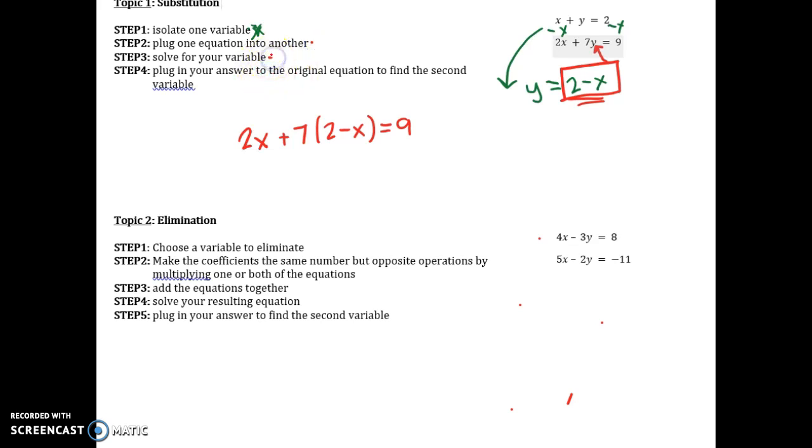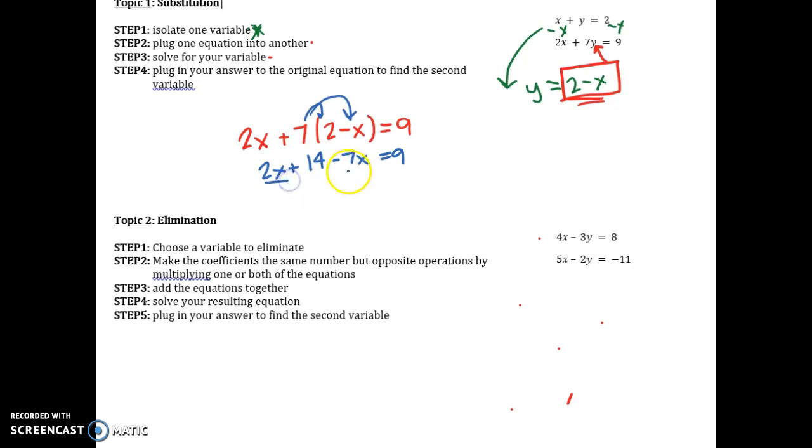After you do that, you solve for your variable. So this is now a normal solving equation. So I would distribute. So 14 minus 7x. And copy down the 2x because that did not change.